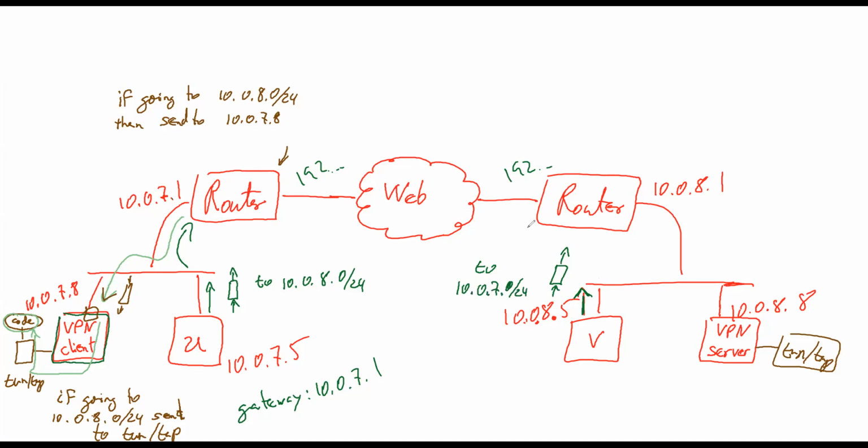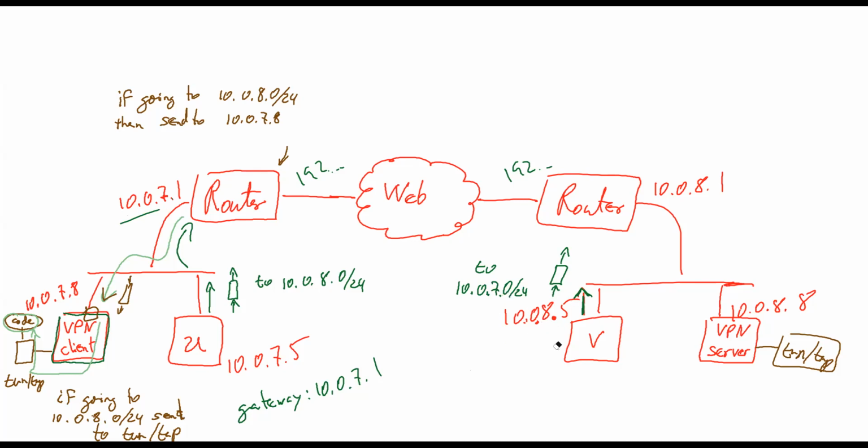Okay, so you send this back out. What is the 10.0.7 network? That's this network, right? That's that network. So it's the same thing. This is 10.0.85. Okay, so this computer does not know that network.